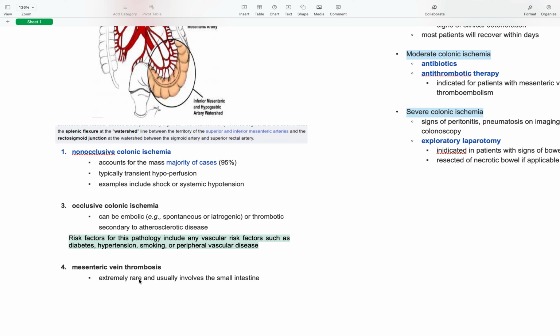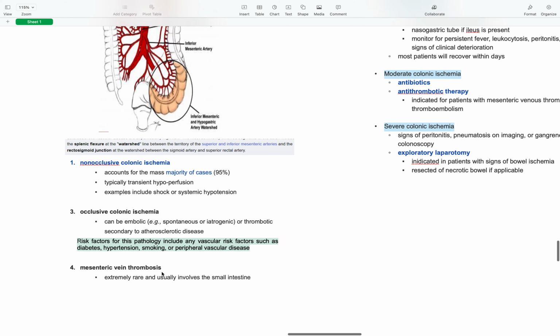So you always need to look into the risk factors mentioned in the question. Risk factors include vascular risk factors such as diabetes, uncontrolled hypertension, smoking, and peripheral vascular disease. Other causes may be mesenteric vein thrombosis.